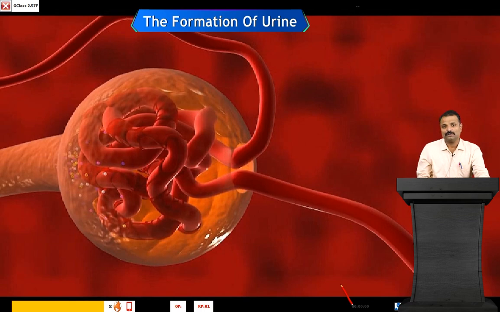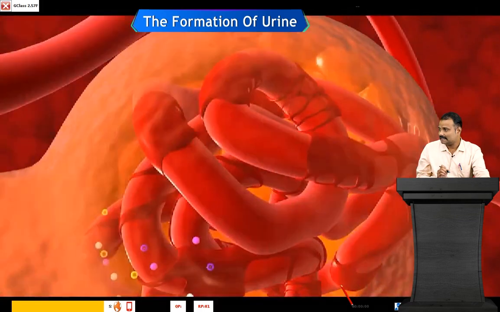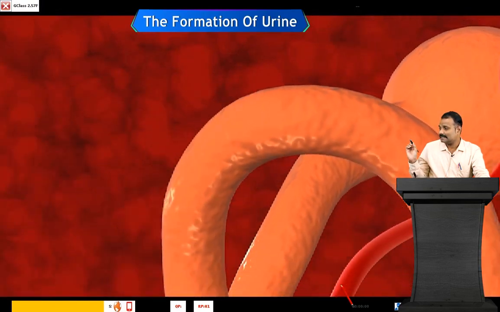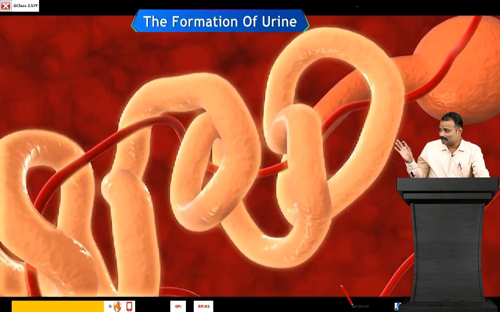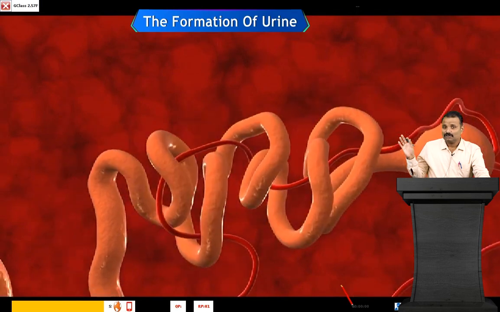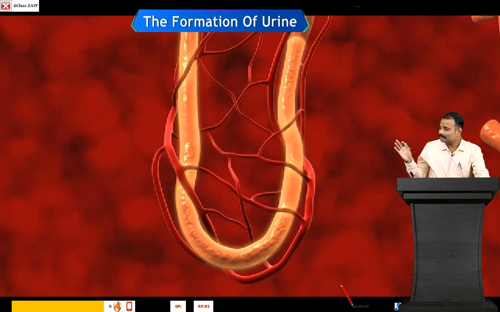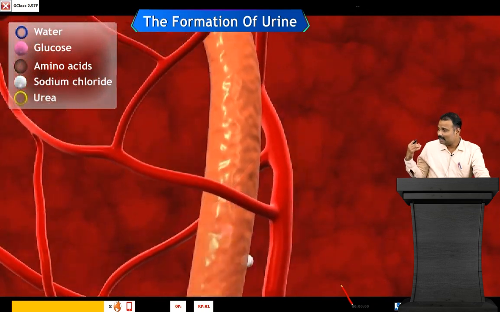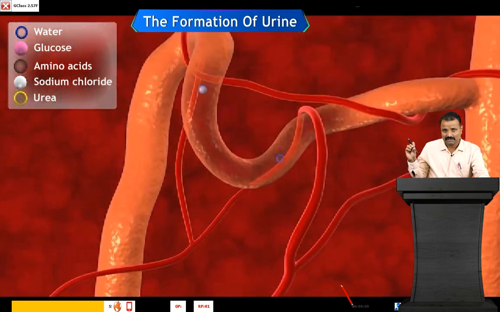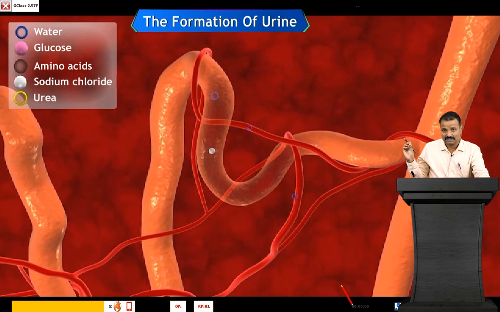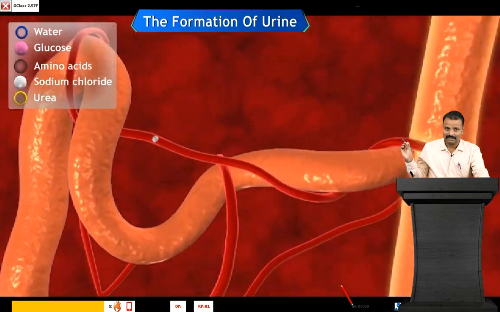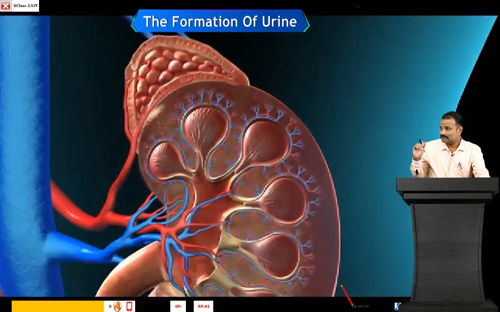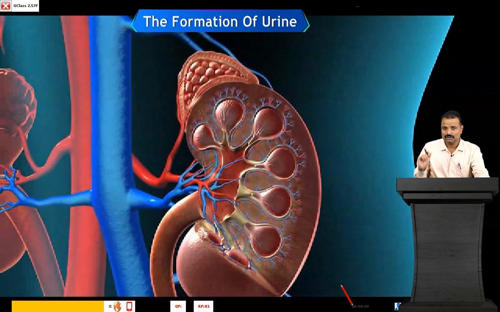And these molecules reach the next level of the tubule, that is the proximal convoluted tubule. And throughout this tubule structure, different molecules are reabsorbed into the blood, and the concentrated urine finally reaches the collecting duct. So this is about the formation of urine.